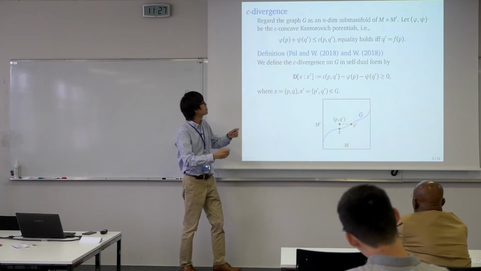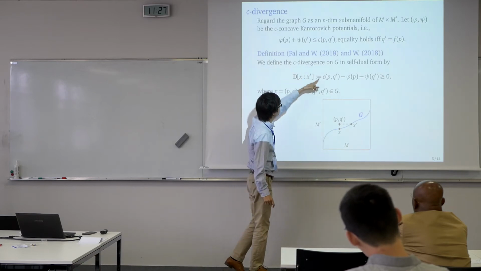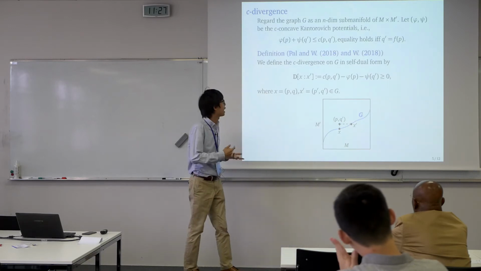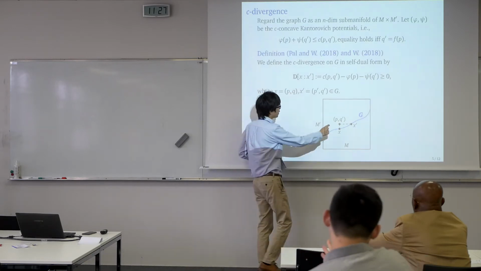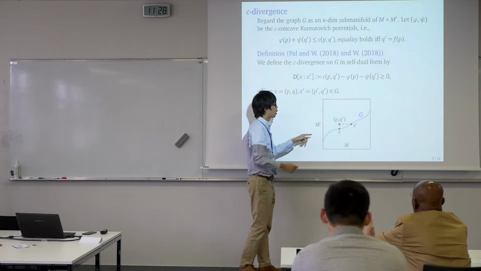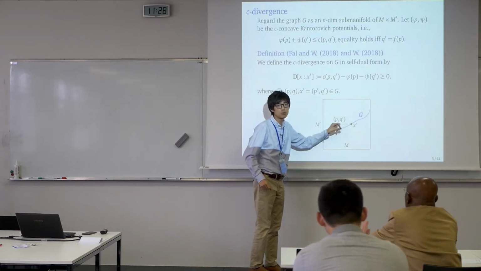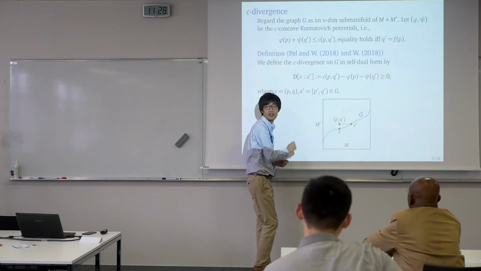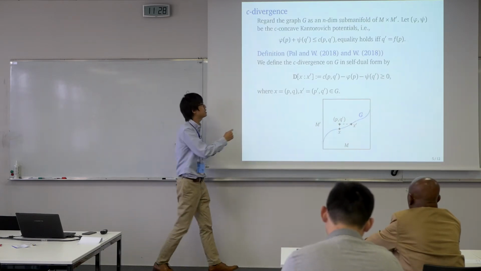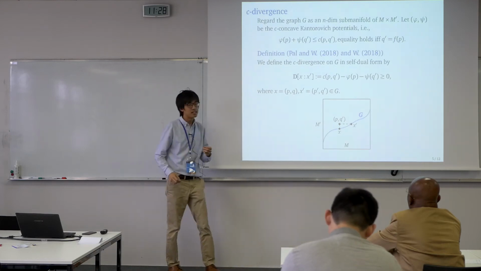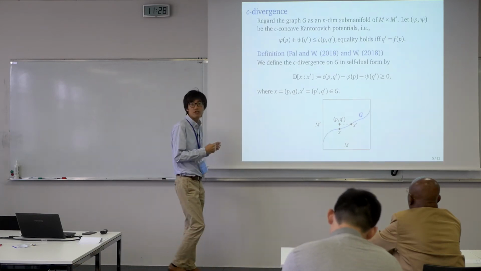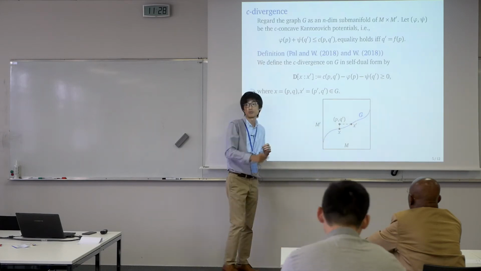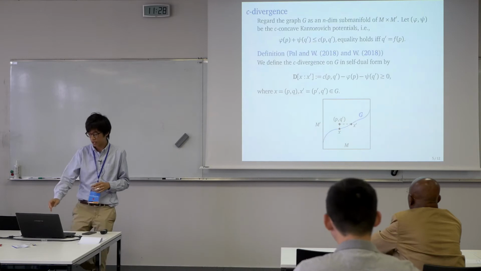The difference in this inequality is always non-negative because of Kantorovich duality, and it is 0 if and only if I'm on the graph of optimal transport, which is when this new point is actually the same as both points. This inequality is called the C-divergence, and in some sense, you can think of the C-divergence as the distance between this point and the graph of the optimal transport.